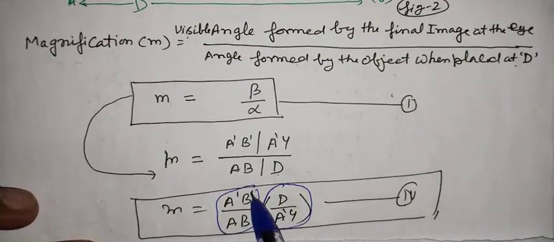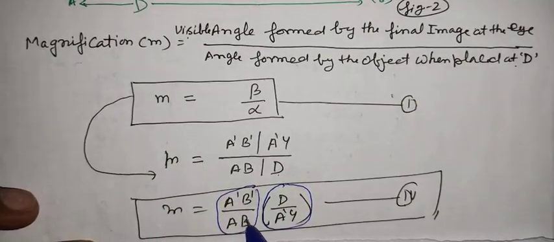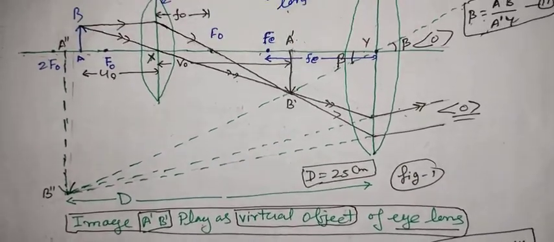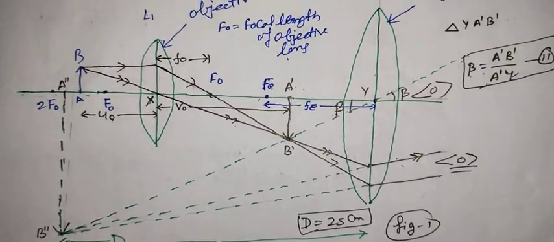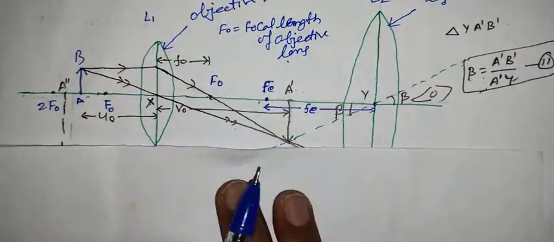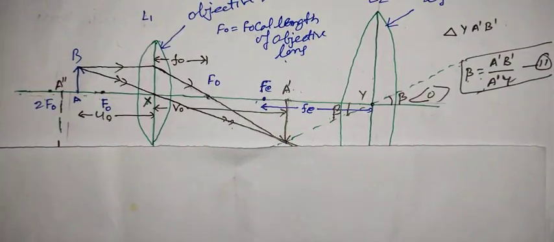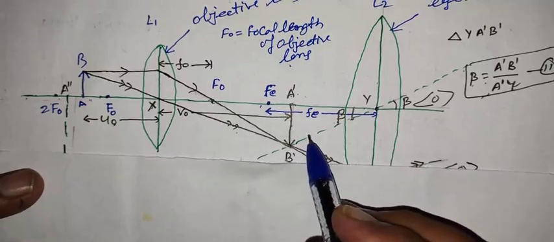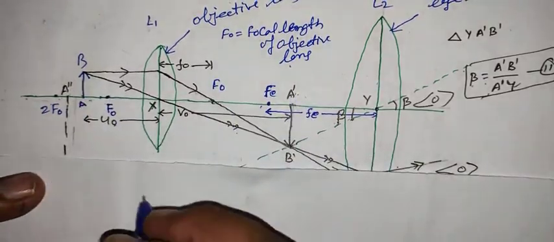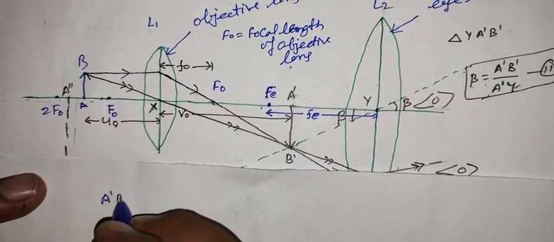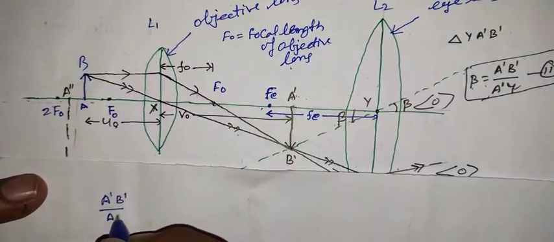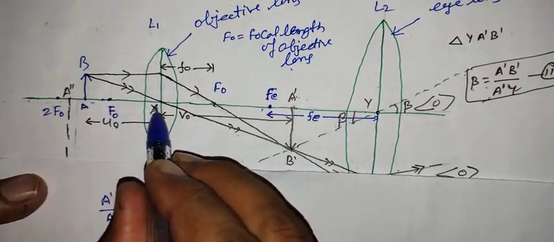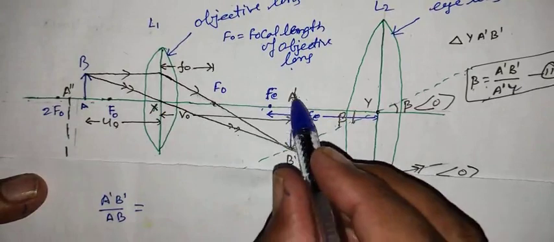Second, for A dash B dash by AB, see in the first diagram. We see similar triangles ABX and X A dash B dash.